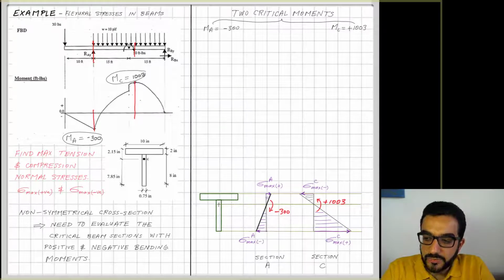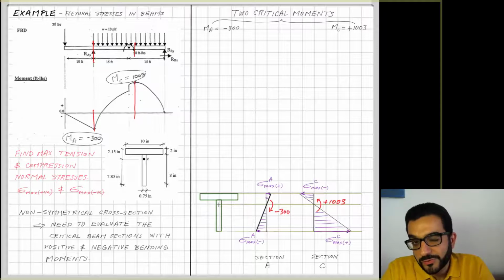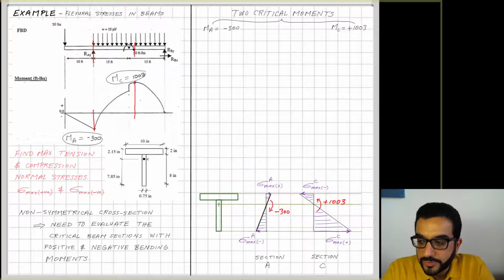I can see visually, considering the magnitude of the moment and distances to the top and bottom fibers of the beam, that the positive stress from the positive moment, sigma max plus C, seems to be the largest positive stress in the whole beam.